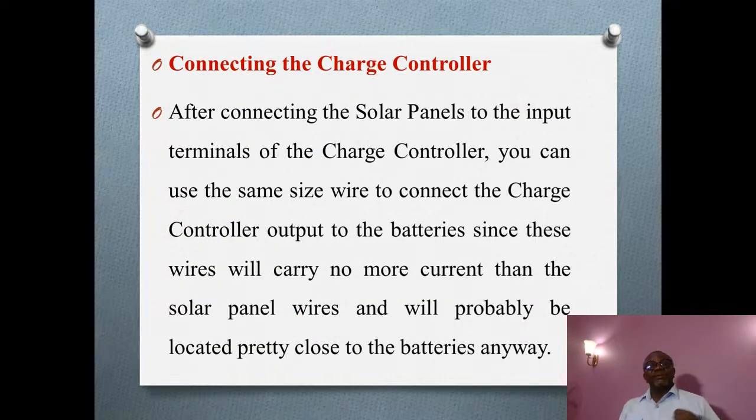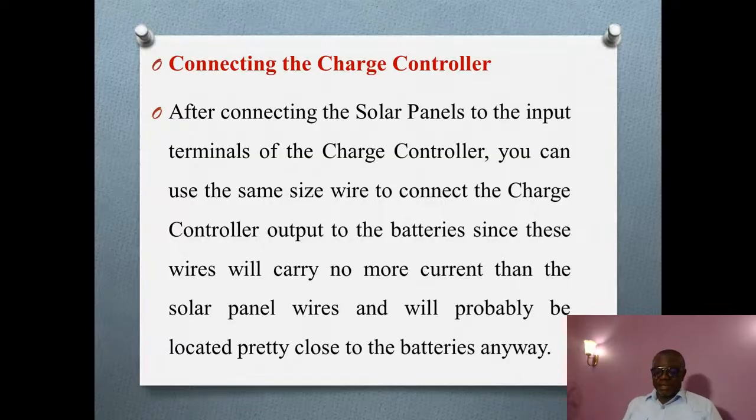So now, if you're connecting the charge controller, after connecting the solar panels to the input terminals of the charge controller, you can use the same size of wire to connect the charge controller to the batteries, since this will always be carrying the same current but over shorter distances.